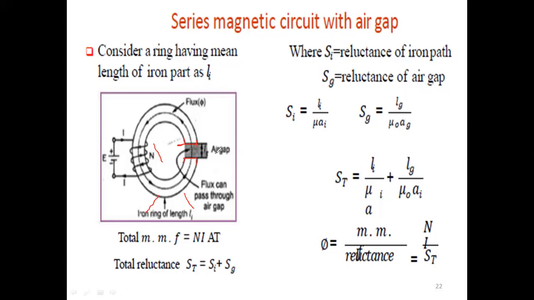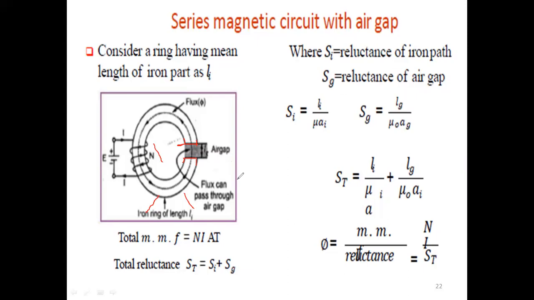Flux is flowing through the air gap, so the air acts as one more material, connected in series with the iron part. How many types of materials are there now?